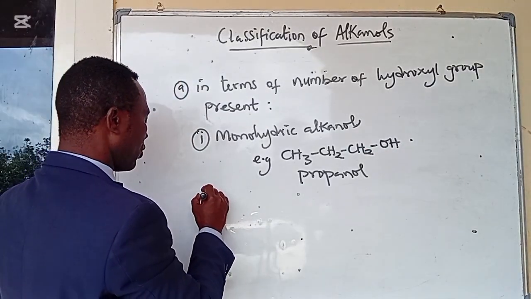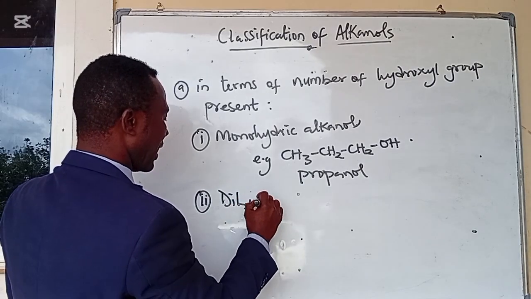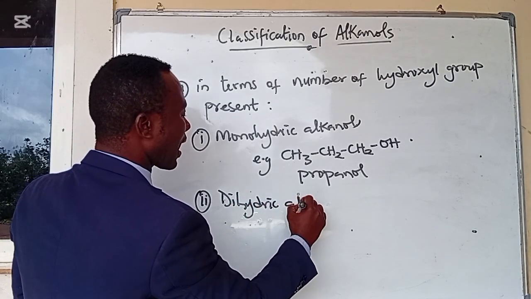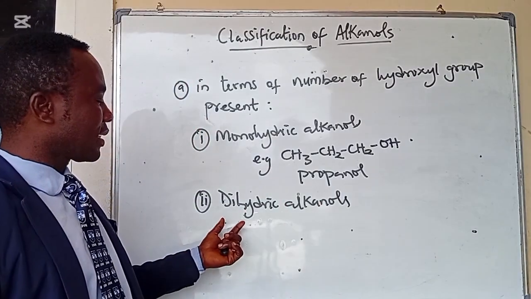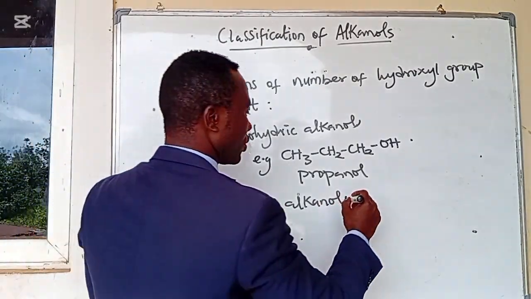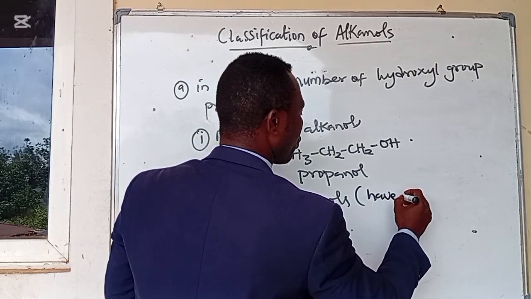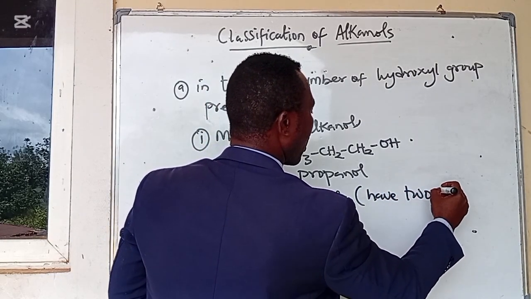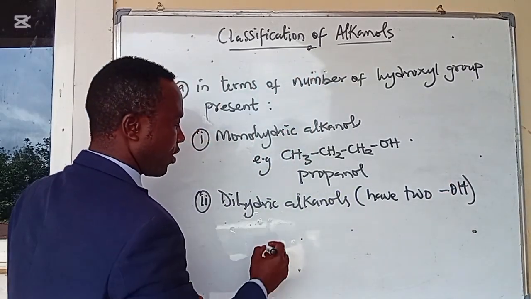Then we have number 2, which is dihydric alkanols. Dihydric alkanols have 2 OH. So they have 2 hydroxyl groups present.